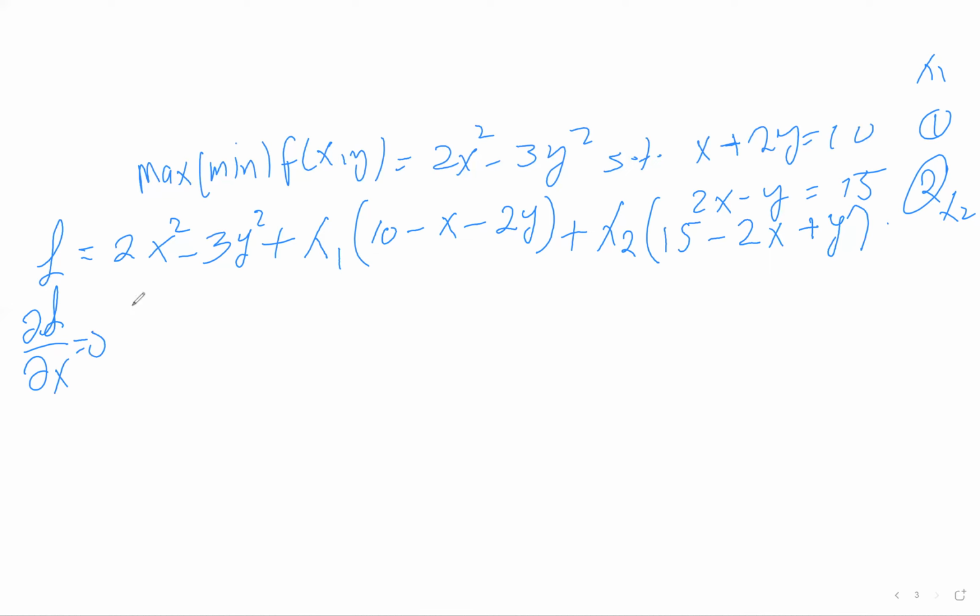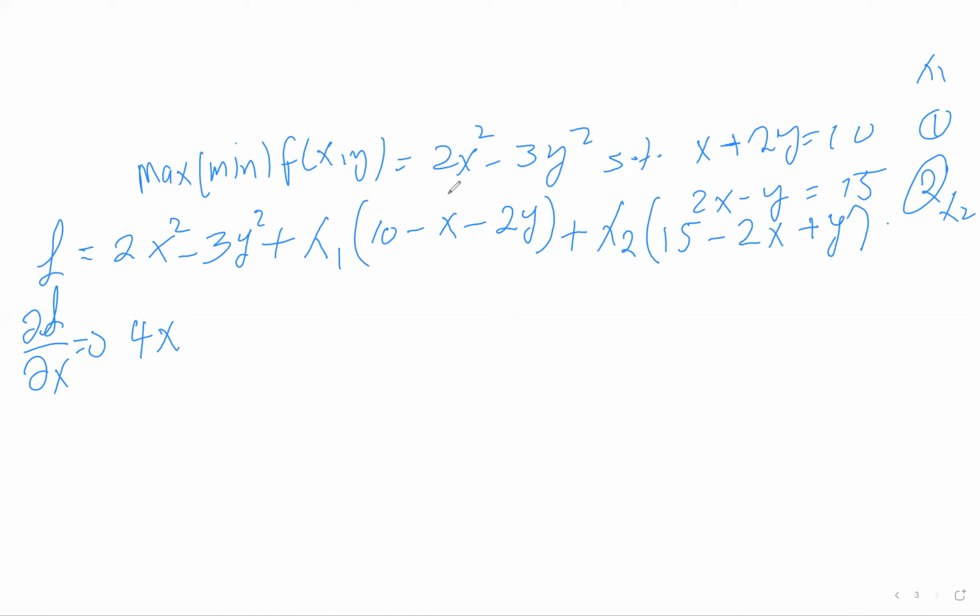If you're looking at this function, there's no multiplication or anything. This is by itself and 3y squared is by itself. So if you take the derivative of 2x squared minus 3y squared, that becomes 4x.